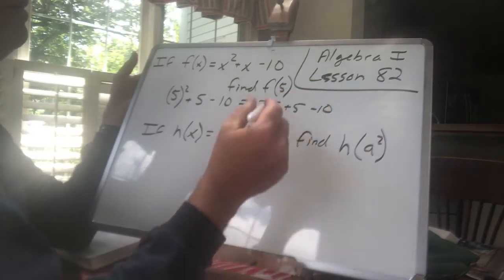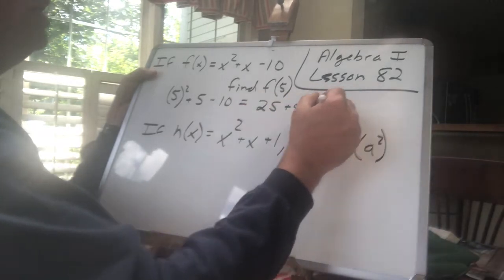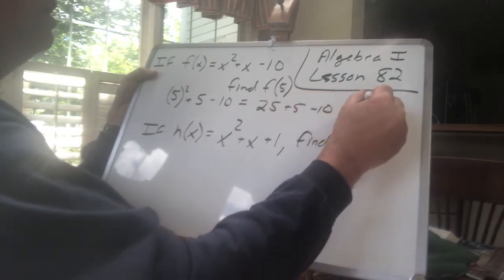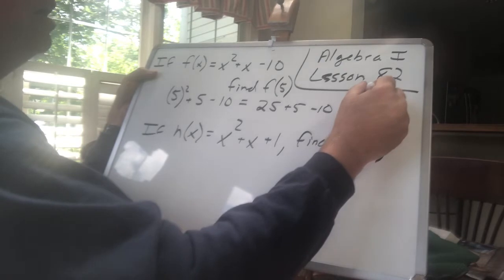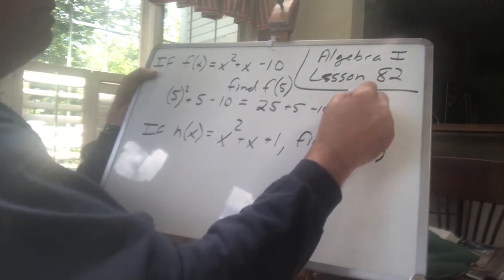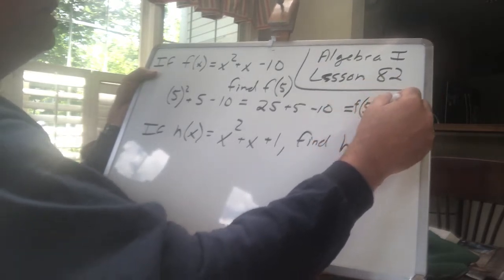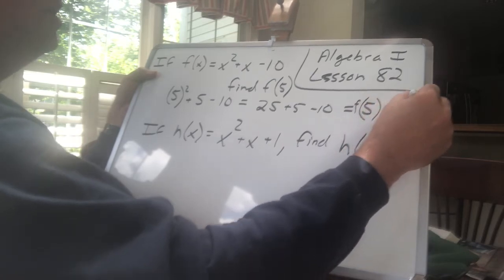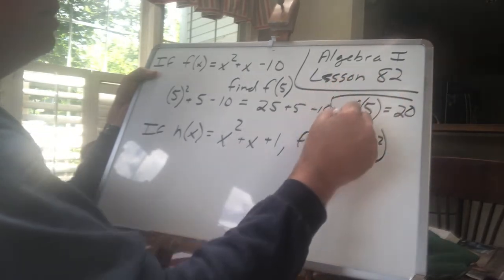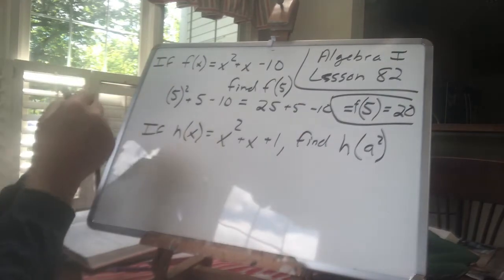If we're solving from left to right, 25 plus 5 is 30, minus 10 equals 20. When f of 5 is in that equation, it's going to equal 20. And that's how you would write your answer for that problem right there.